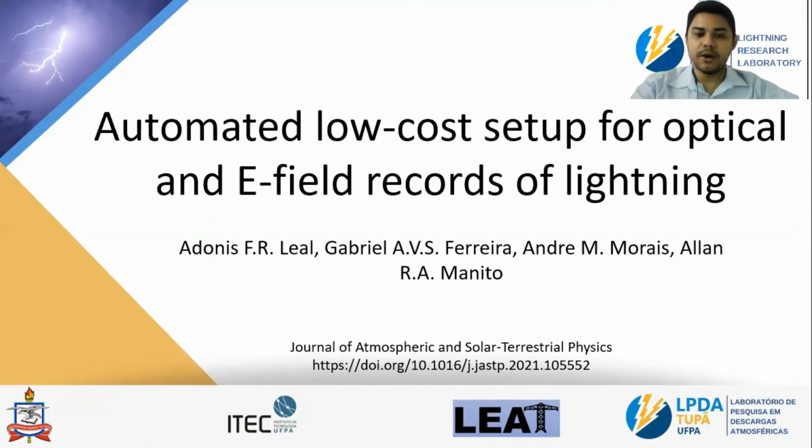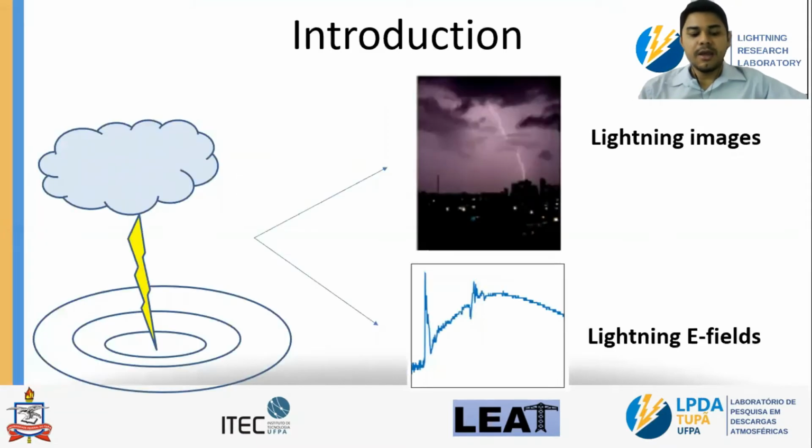Okay, lightning discharges can be detected by their electromagnetic field radiation, for example, lightning electric fields here, and they can be seen by the radiation that they produce in the visible spectrum, like the lightning image here.